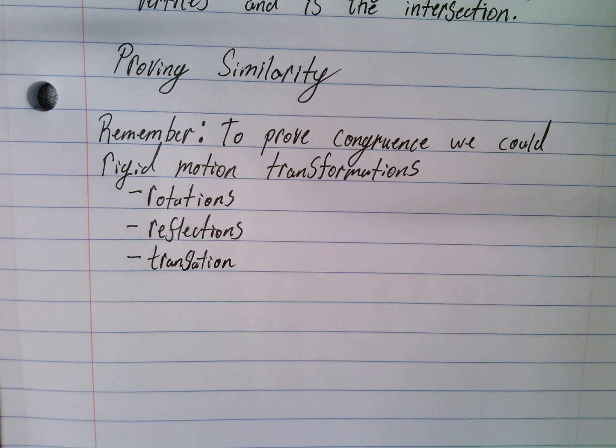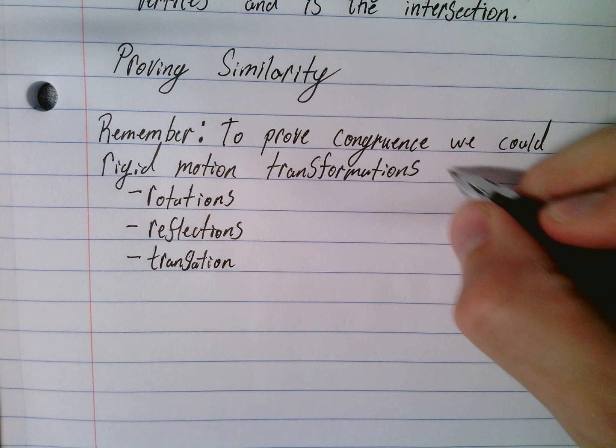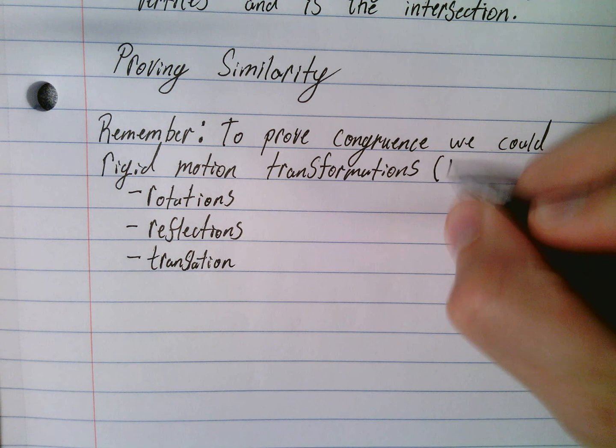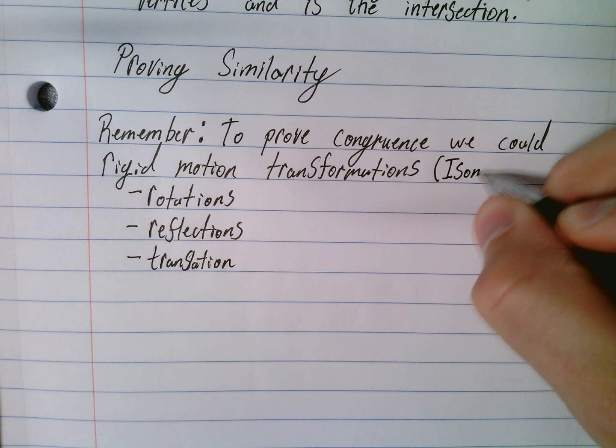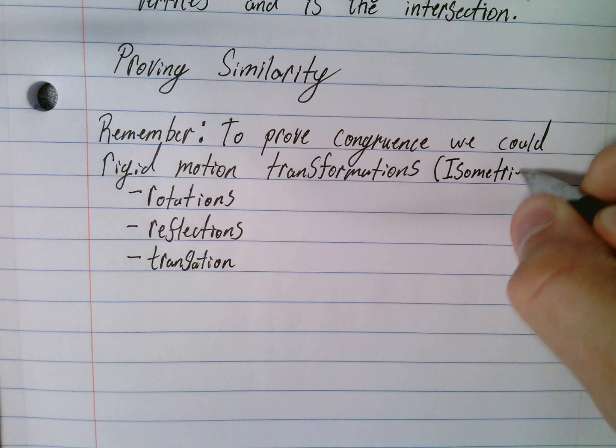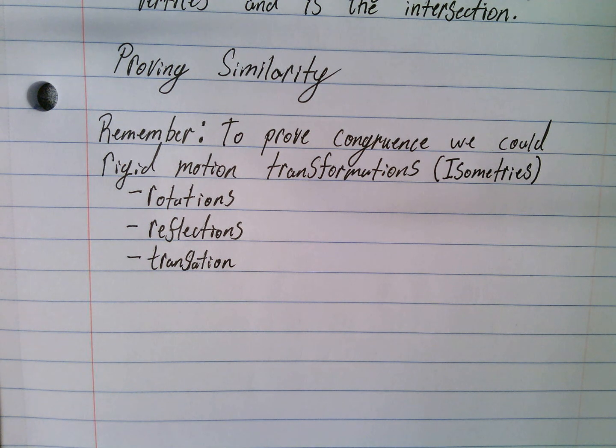Translations. And anything else? No, those were the rigid motions, right? These were also called isometries. I don't know if you're familiar with that word, but isometries preserve size and shape. Okay.